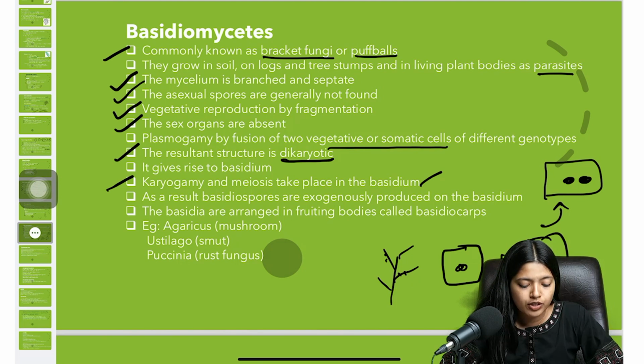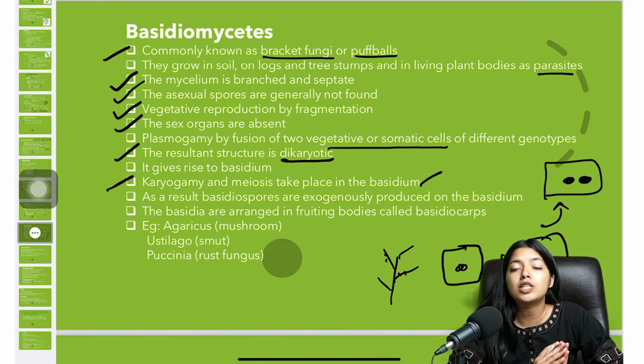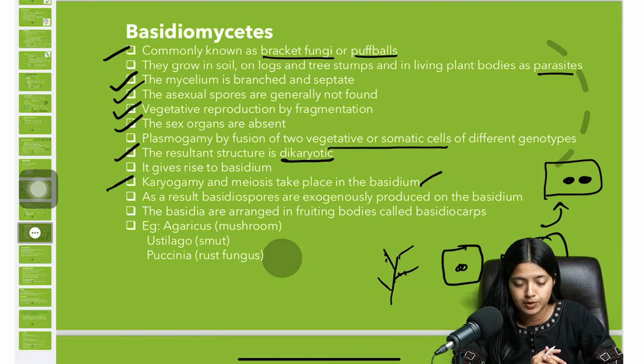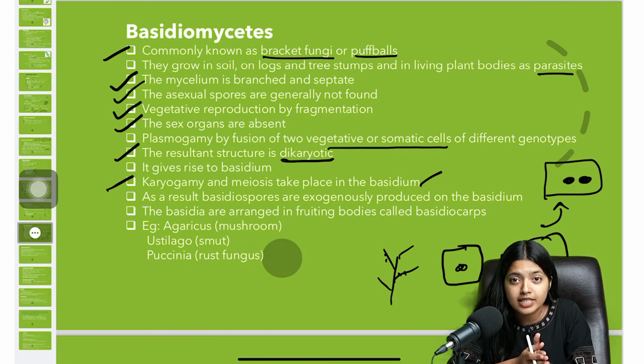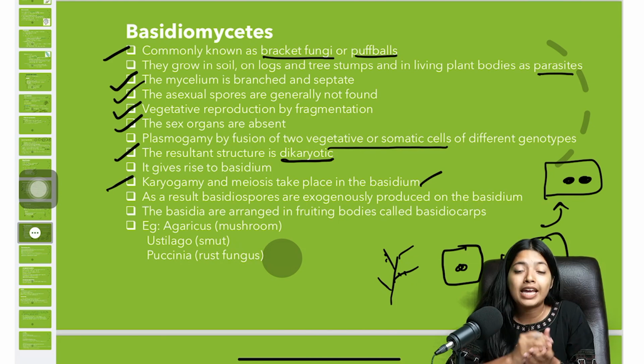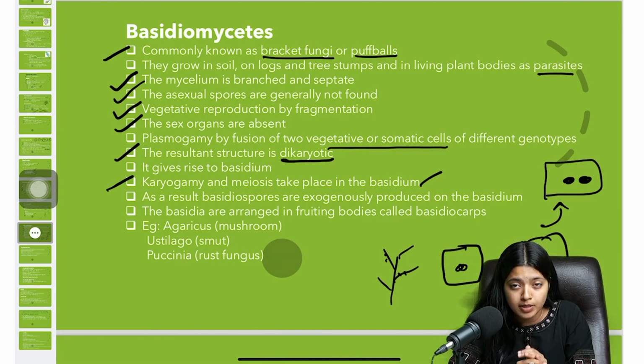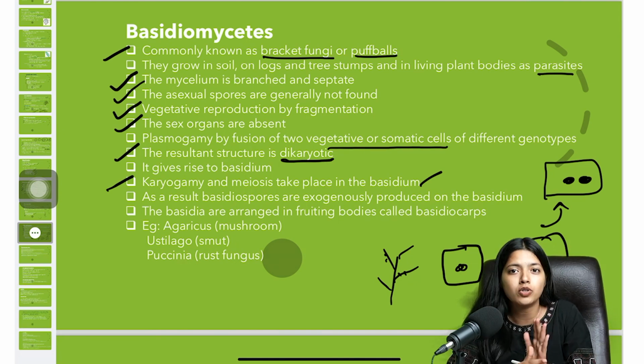The basidia are arranged in fruiting bodies called basidiocarps. These basidia are formed on a special fruiting body known as the basidiocarp. A number of basidia together form a cluster, forming a basidiocarp. So the basidiocarp is the fruiting body on which the basidium is formed.